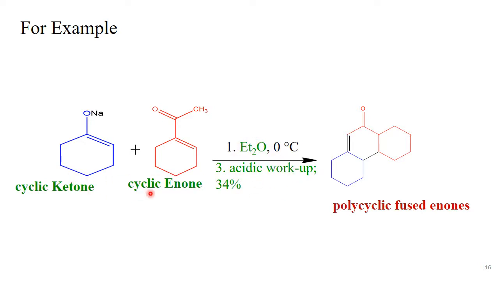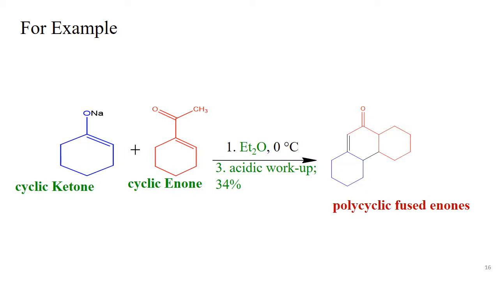The central ring is a cyclohexanone type ring. So the presence of cyclohexanone ring is a clue that this product is formed through Robinson annulation reaction, and we can say it's a polycyclic fused enones.